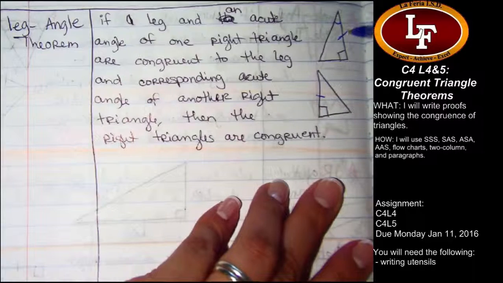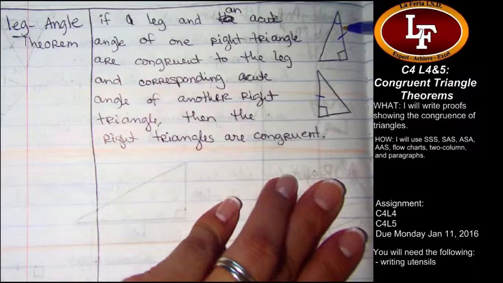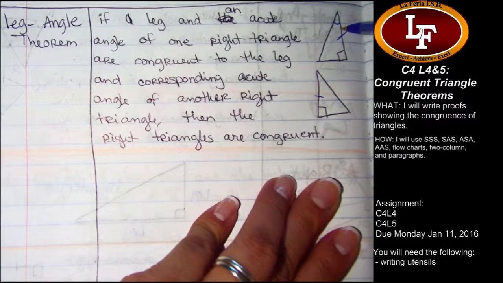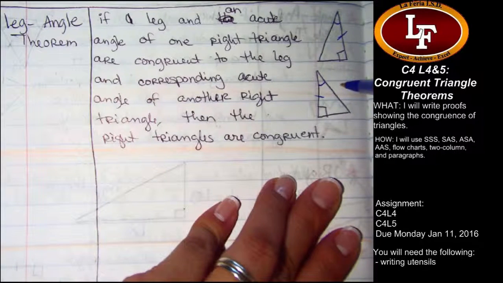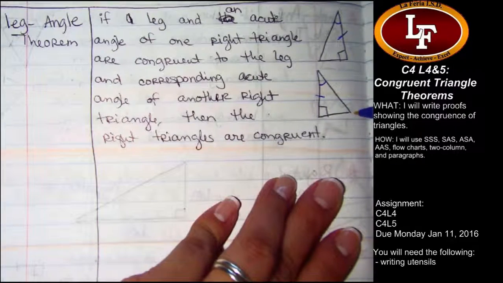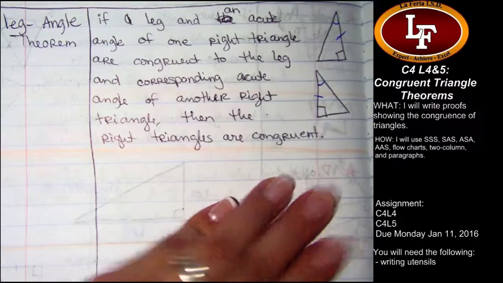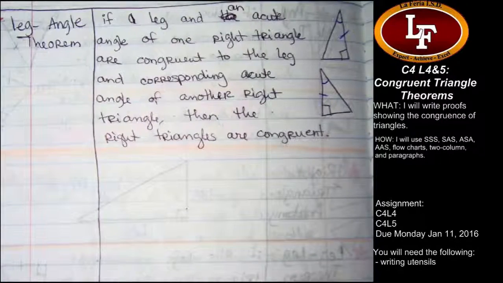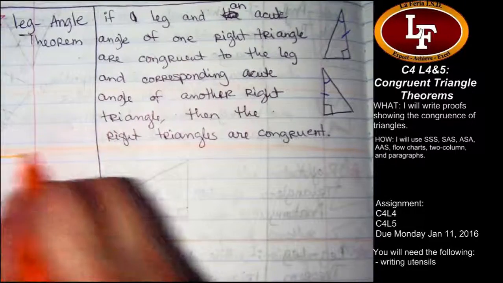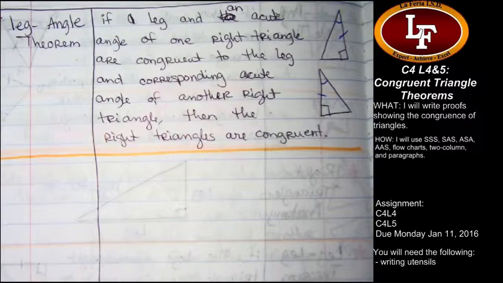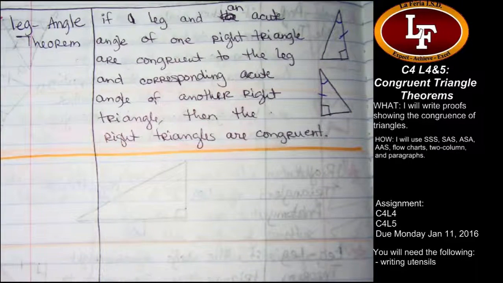Note that on this first triangle, I marked the angle that was touching the leg that I put a congruence mark in, which means I have to mark the angle that is touching the leg that I put the congruence mark. I cannot mark this other angle because it's not touching that leg. Okay? Has to be the corresponding one. Otherwise, you're not able to use this theorem. You don't have the information that it's requiring in order to use it, so you won't be allowed to use it. You have to be really, really careful with those details. Again, I cannot stress enough. Super, super important that you pay attention to those little tiny details.